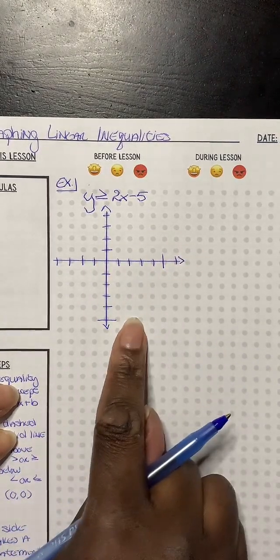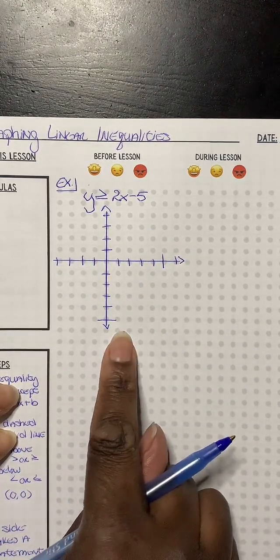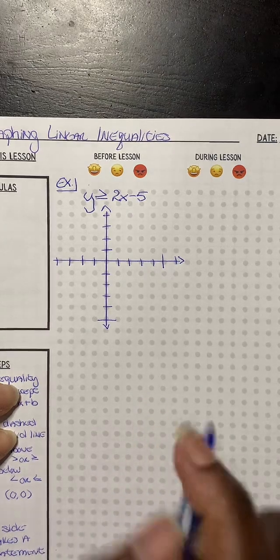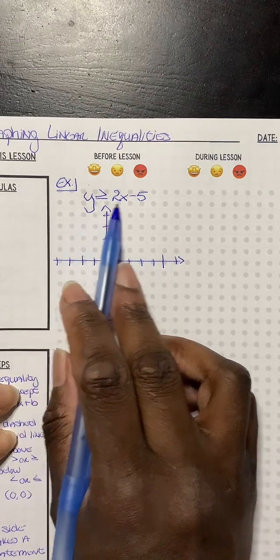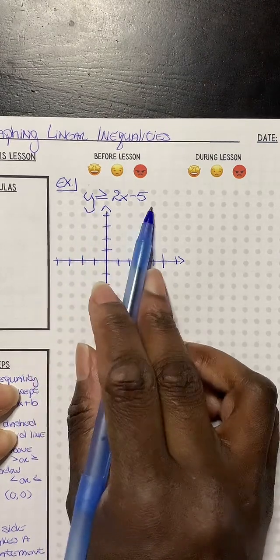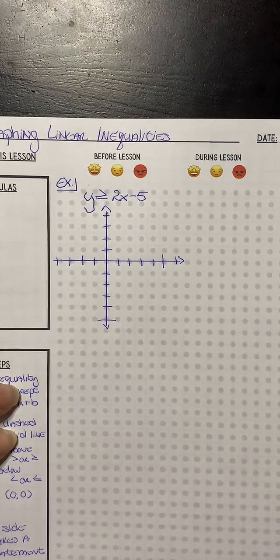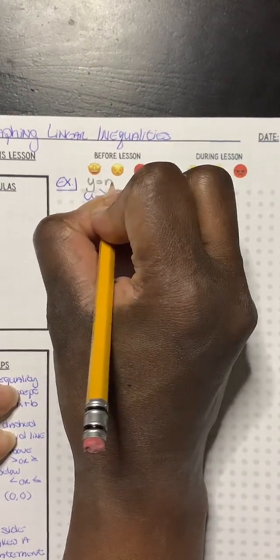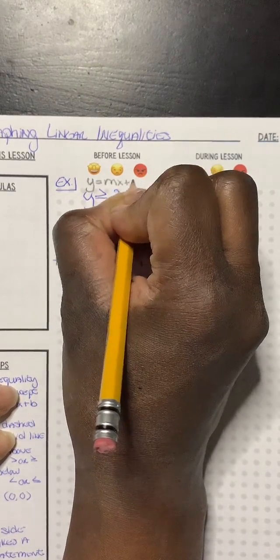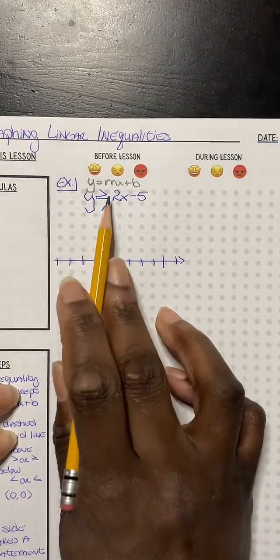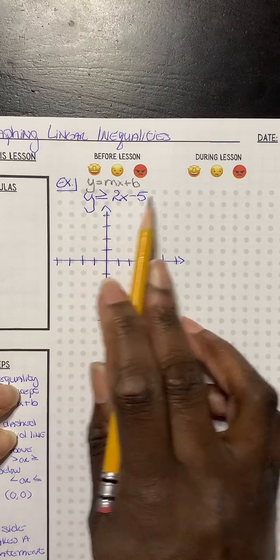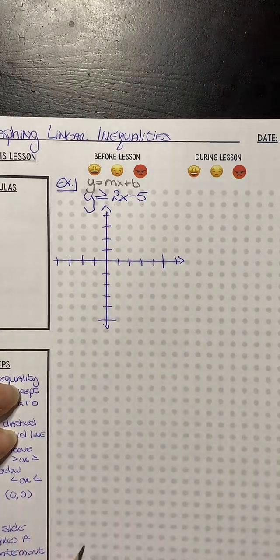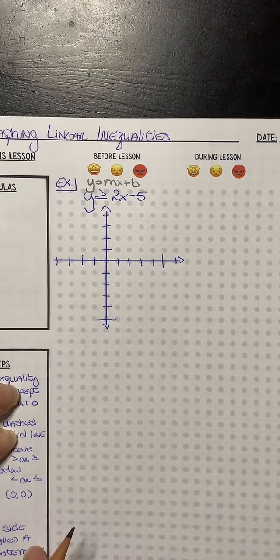So you would graph an inequality very similar to an equation of a line. The first thing I have to do is put it in slope-intercept form, y equals mx plus b. My m is going to be my slope. My b is going to be my starting point.